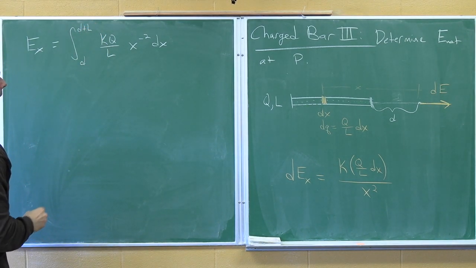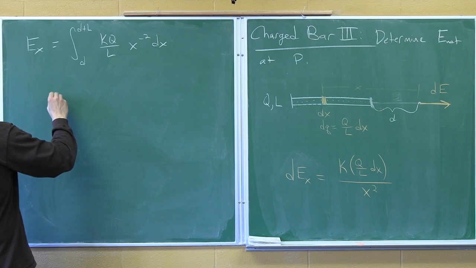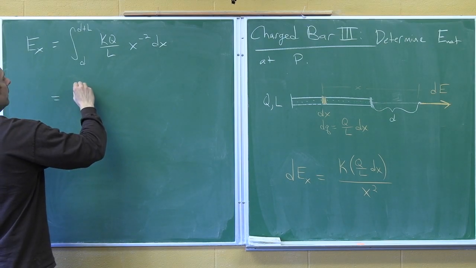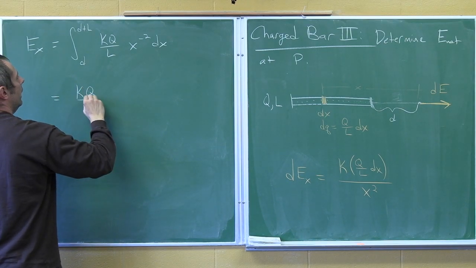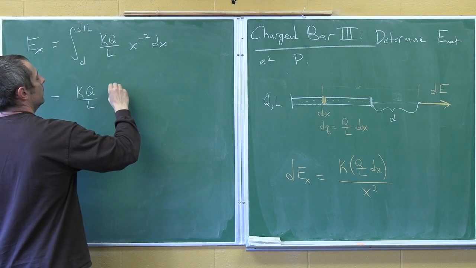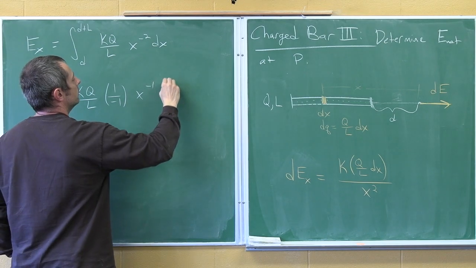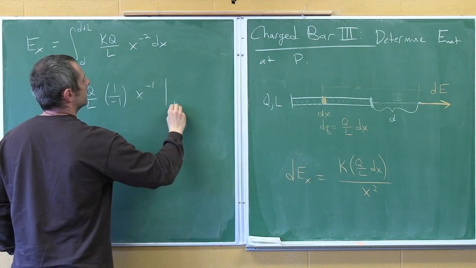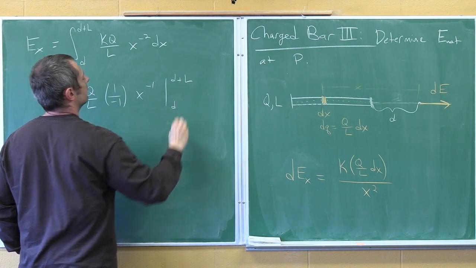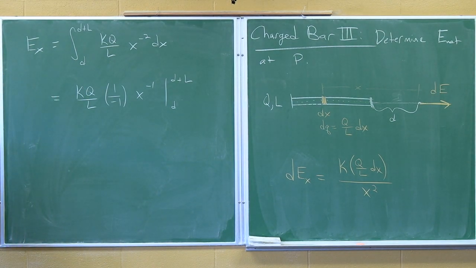Okay? So continuing on, K, Q over L. Add 1 to the exponent and then divide. Now what I'm going to do is plug in my limits.